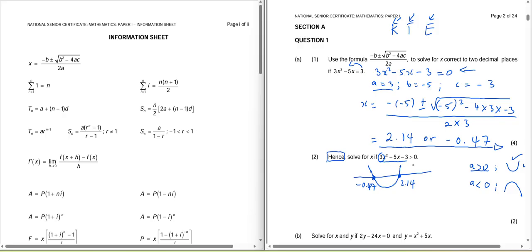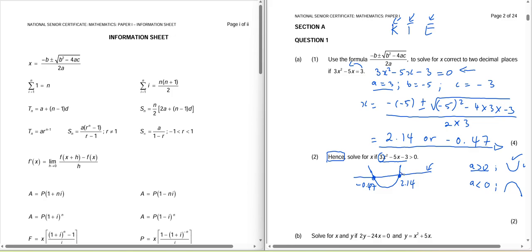And what are we saying? We are saying we're interested when the left hand side is greater than 0. It means we're interested in the region when the graph is above the horizontal line, because it's greater than 0. If it were less than 0, we would be interested in the region when it is below.